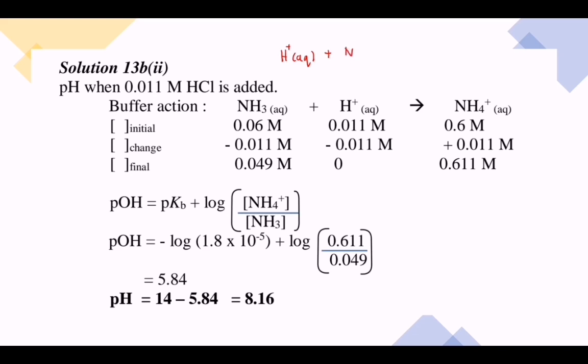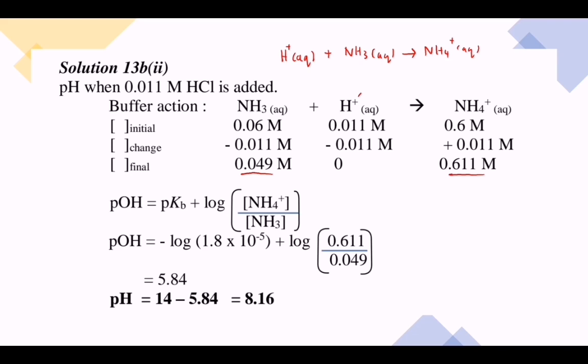So the base in this buffer solution is NH3. So this reaction will produce NH4+ aqueous. Okay, so you have to construct an ICE table so that we get the new concentration after H+ is added into the solution so that we can insert the new values into the Henderson-Hasselbalch equation.